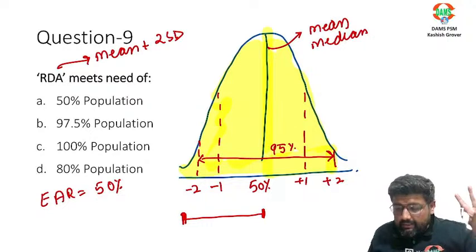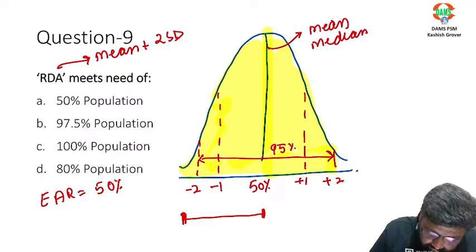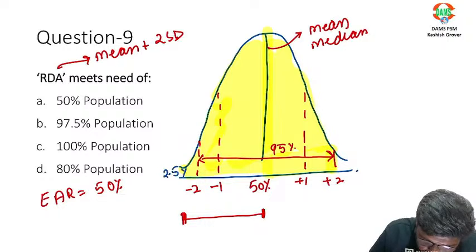Now how much percent is left? 5%, with 2.5% on each side.